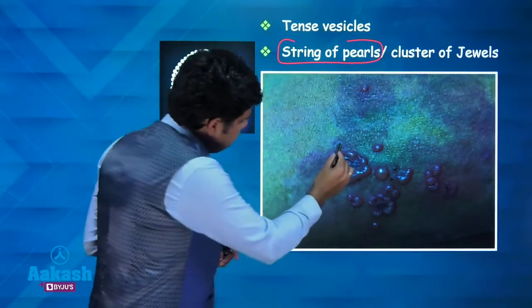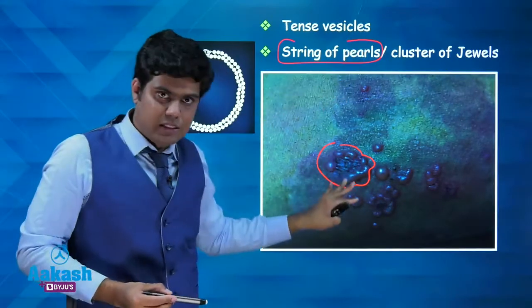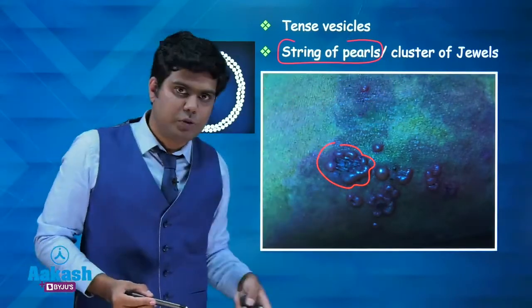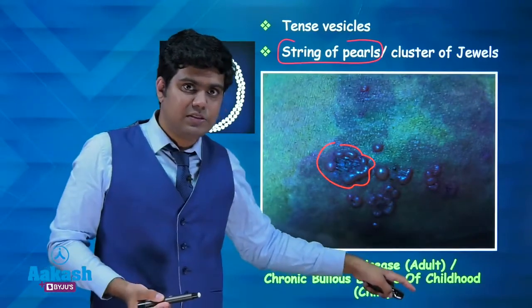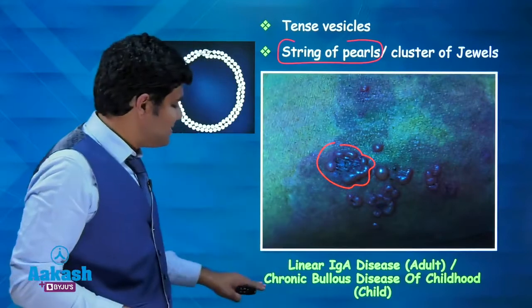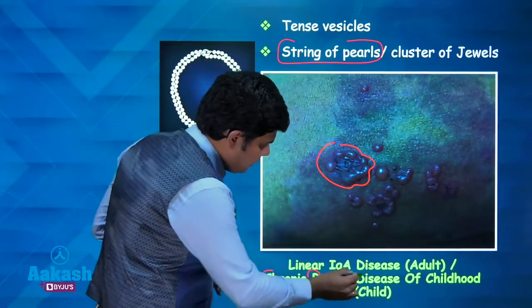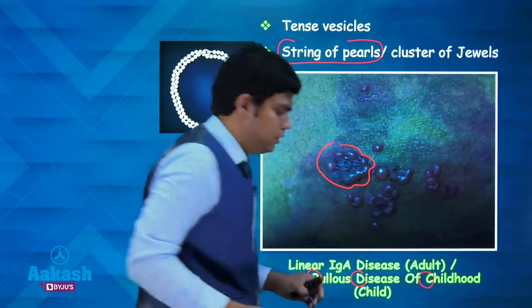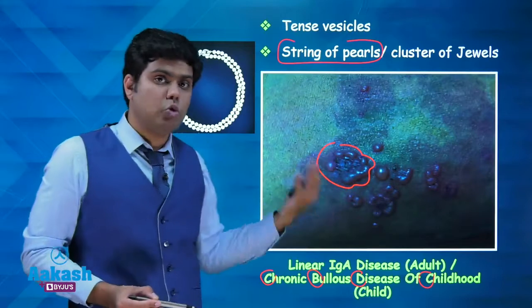Tense vesicles in a string of pearls or cluster of jewels are characteristically seen in linear IgA disease in adults, or CBDC, chronic bullous disease of childhood. So CBDC and linear IgA disease have similar presentation, only the age group is different.